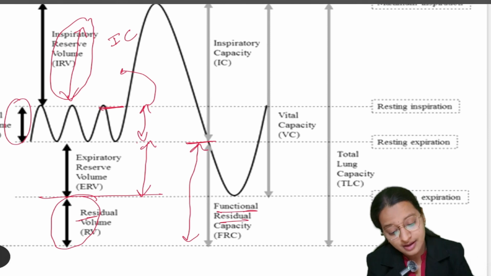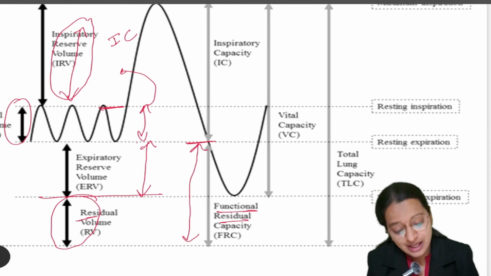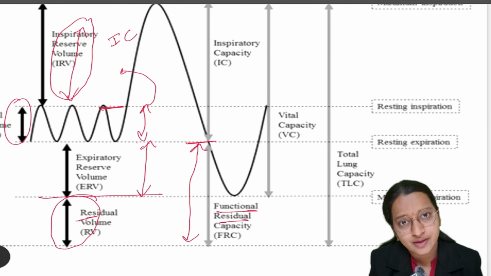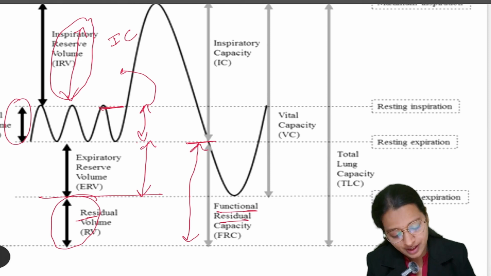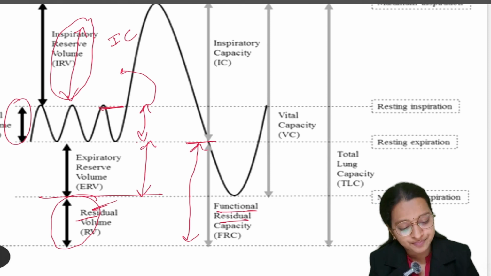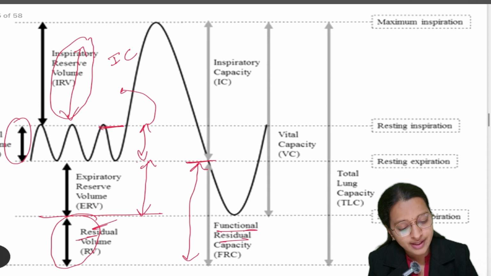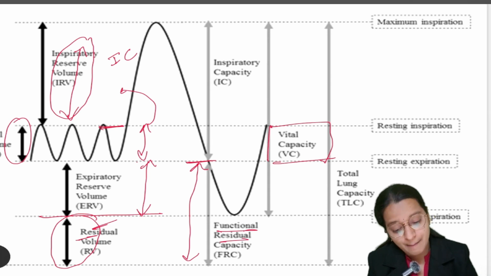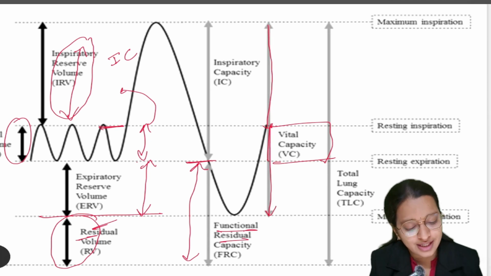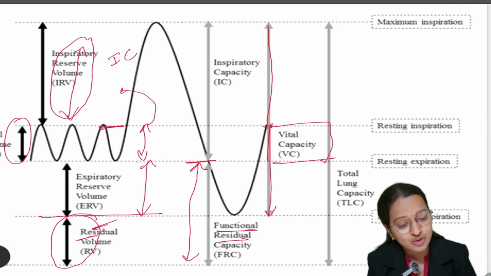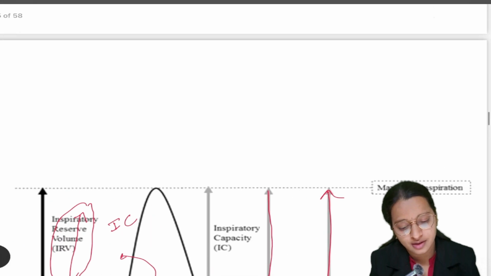If it is a deep expiration, that means after expiratory reserve volume being exhaled out, the amount of air still remaining would be residual volume. Okay. Coming to vital capacity, we have already seen that means after maximum inspiration, the amount of air that can be exhaled. Okay, that is vital capacity. The total lung volume is all of this. Okay.